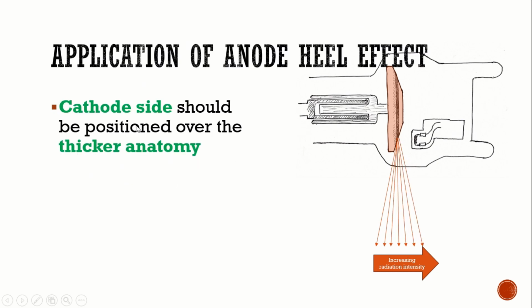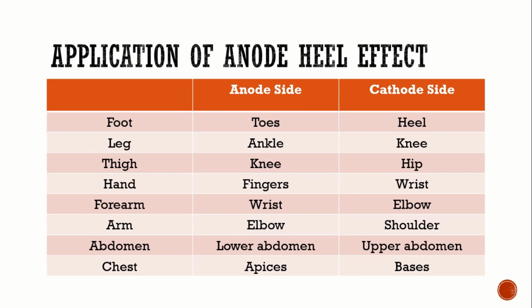Therefore, to apply the anode heel effect in practice, we have to position the cathode side of the X-ray tube over the thicker anatomy. So the following are suggestions for the application of the anode heel effect.